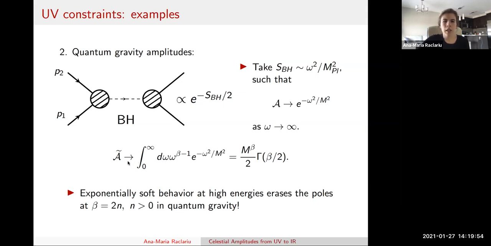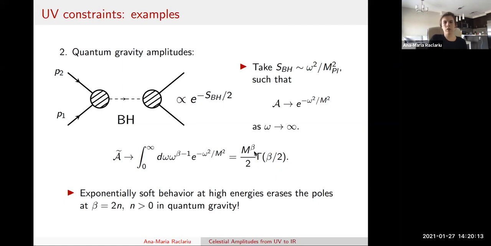The main point is that if one considers the Mellin transform of such an exponentially suppressed amplitude, one finds this is the standard Mellin transform of an exponential, an Euler gamma function.